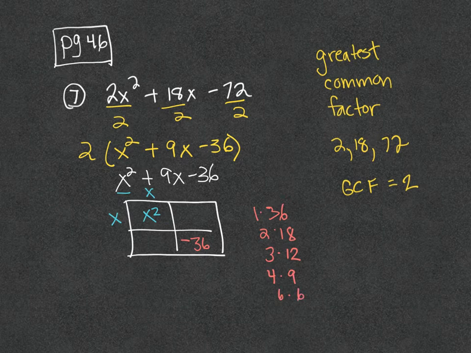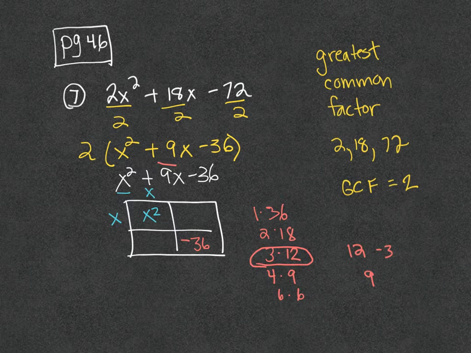Now, as you were writing them down, if you realize that 3 and 12 were the correct pair of factors, because we can have a positive 12 and a negative 3, and when we add those together, that is going to give us that 9x that we want right here.